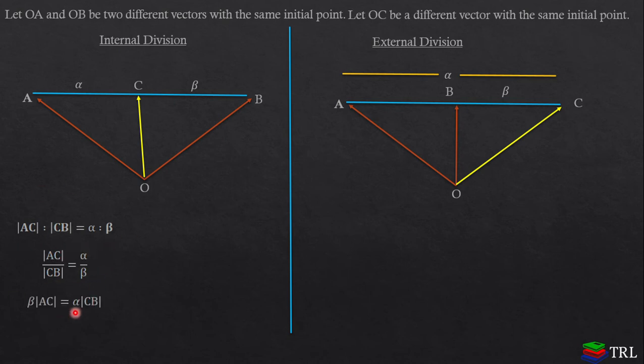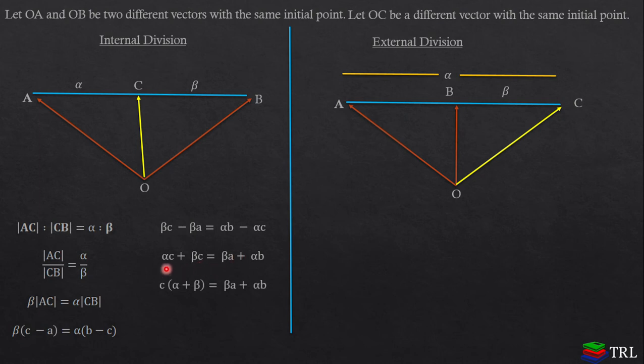This means that beta times magnitude of vector AC equals alpha times magnitude of vector CB. And then we know that AC can be written as the position vector of OC minus the position vector of OA. So we have beta times vector C minus vector A, which equals alpha times vector B minus vector C. So we have beta C minus beta A equals alpha B minus alpha C.